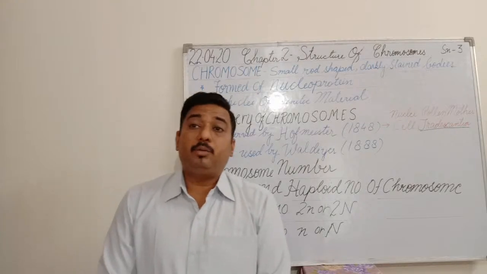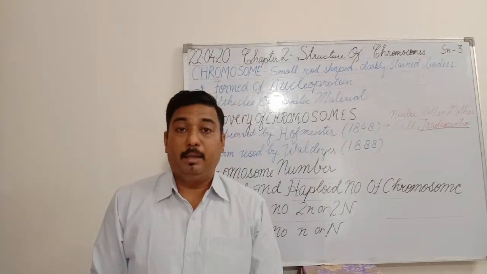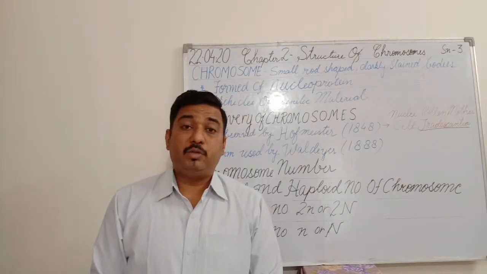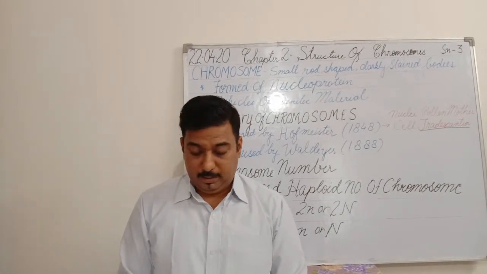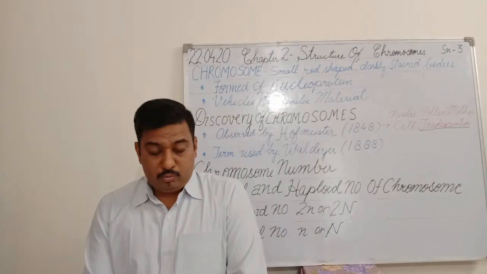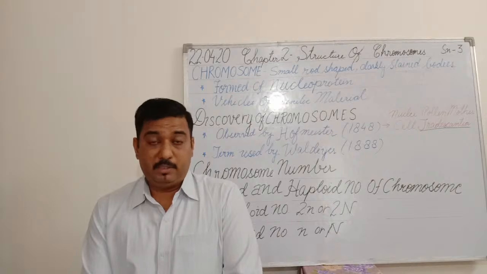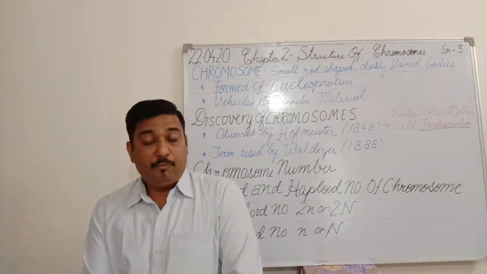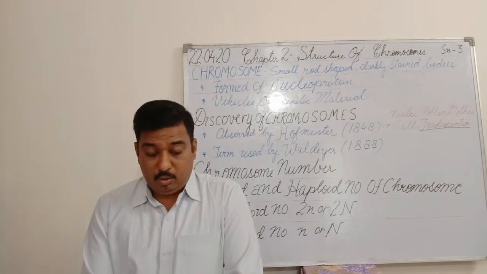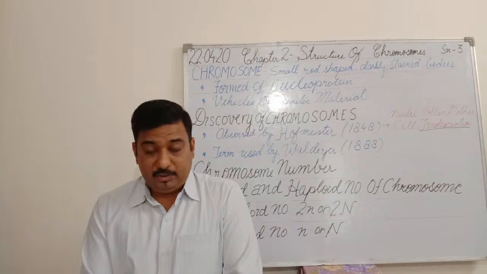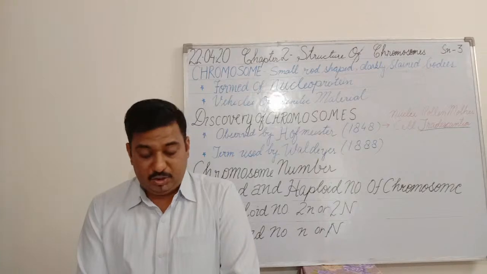That means in a particular species, all the individuals will have the same chromosome number, but individuals belonging to different species will have different chromosome numbers. Therefore, the number of chromosomes is helpful in identification of species. Once more I'll tell you: when we observe the number of chromosomes, it is a point of identification, helpful in identifying a particular species.